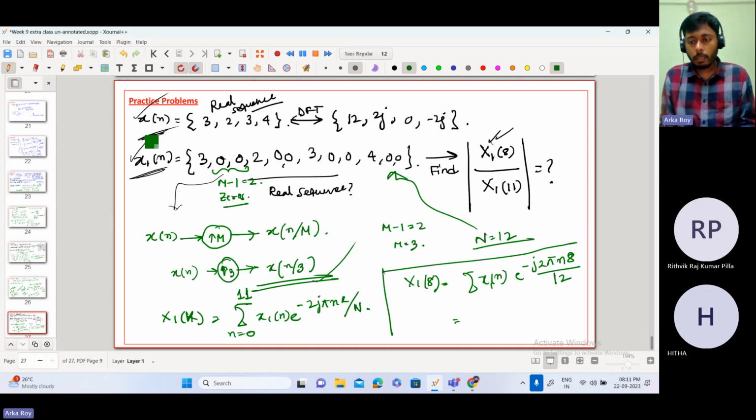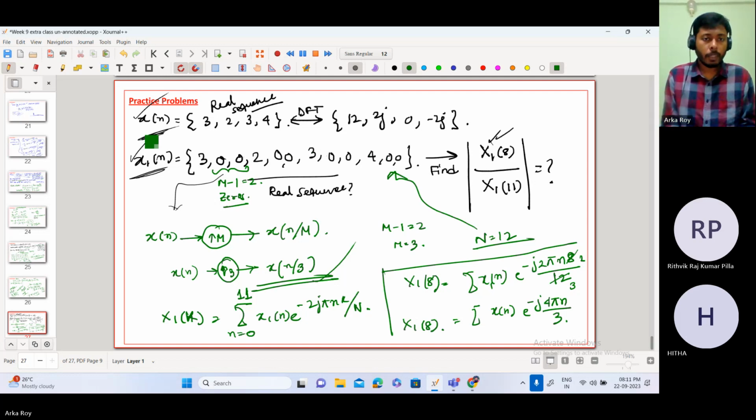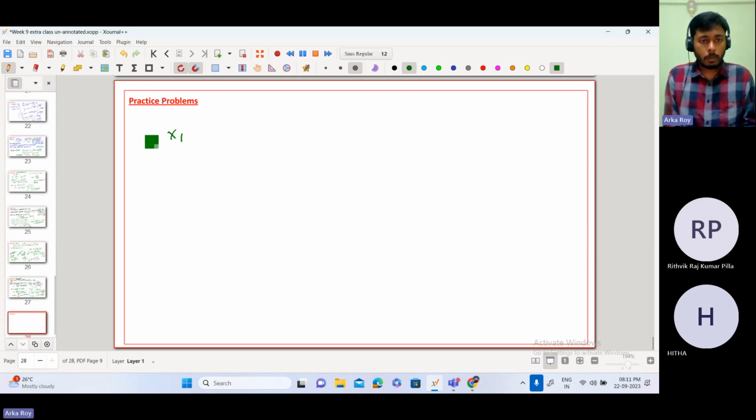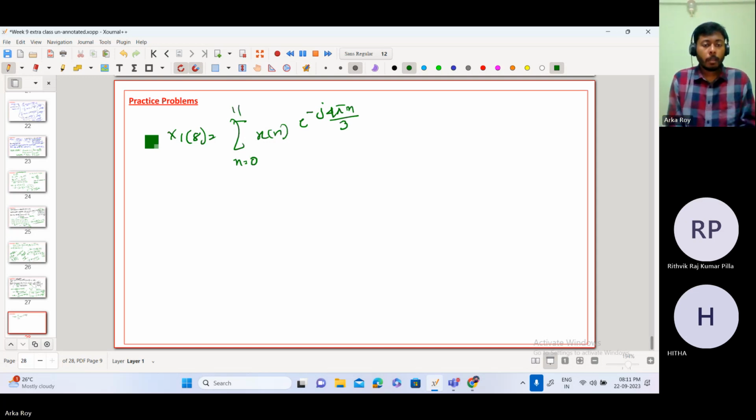So effectively, this is the summation of x[n] e to the power minus j 4 pi n divided by 3. That is x1 of 8, with n going from 0 to 11.